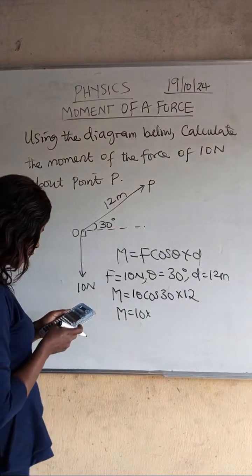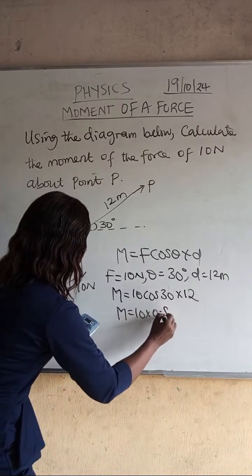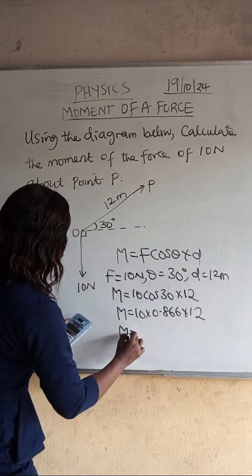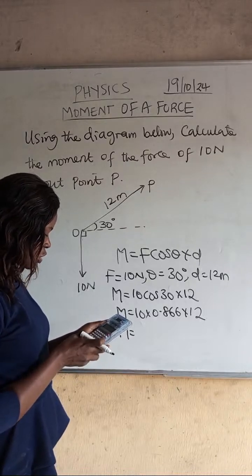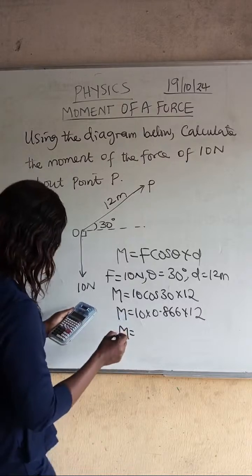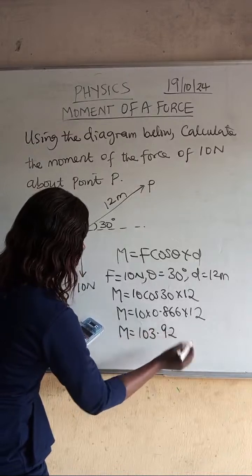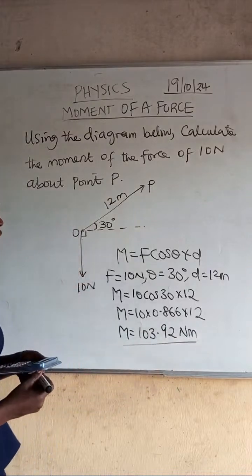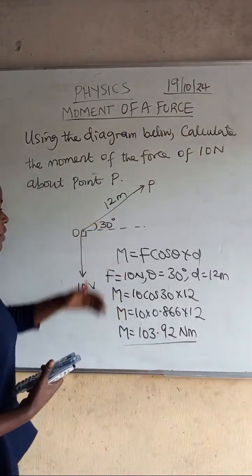With the help of your calculator, cos 30 gives you 0.866, then multiply by 12. So 10 times 0.866 times 12, my answer becomes 103.92 Newton meter. So this is how we can solve this.